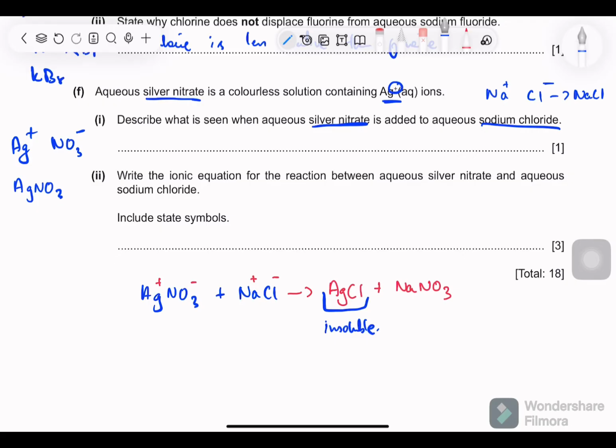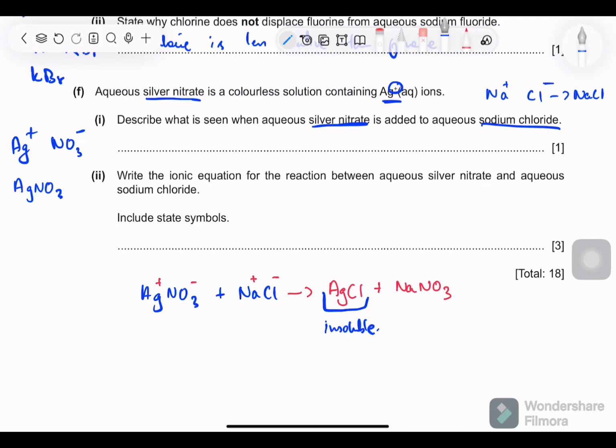This is what you have to memorize: the insoluble salts and the soluble salts, for sulfates, carbonates, nitrates, chlorides, bromides, iodides. Silver chloride at least is insoluble. Similarly, lead(II) chloride is also insoluble.